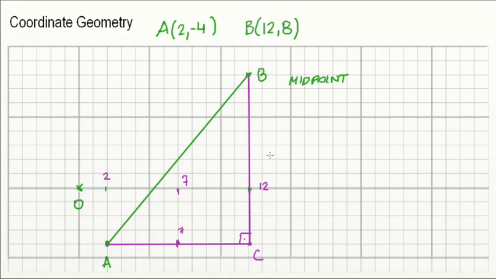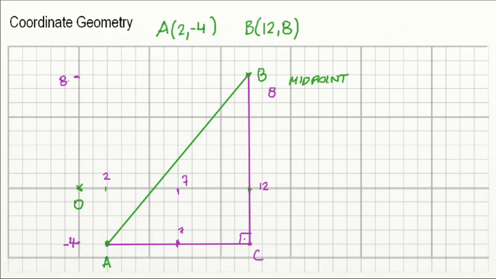Now we can do the same thing for the y-axis. And coordinate y of B is 8. And coordinate y of A is negative 4, which is the same as C. So halfway through those 2 points would be halfway through this distance.